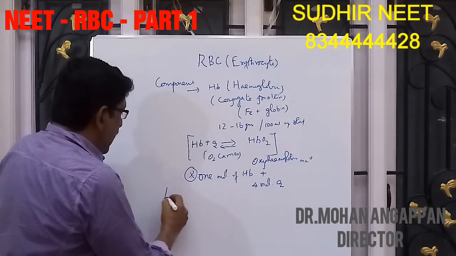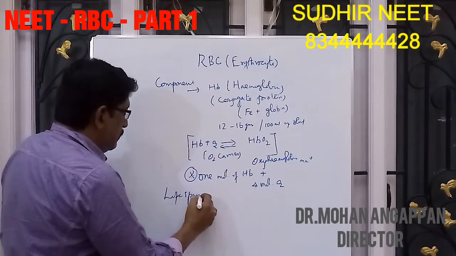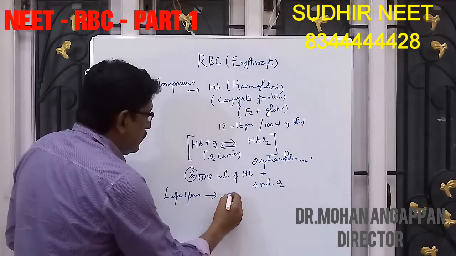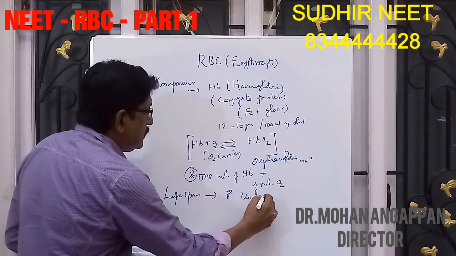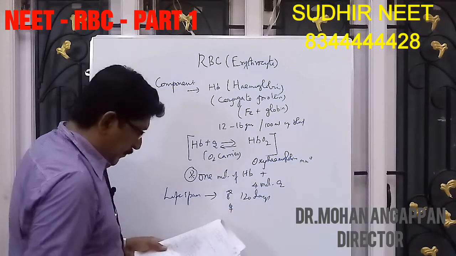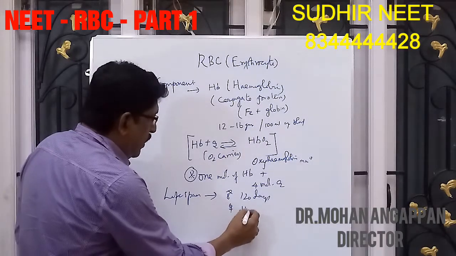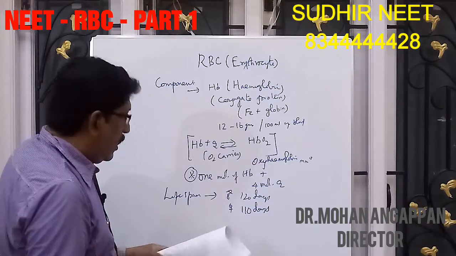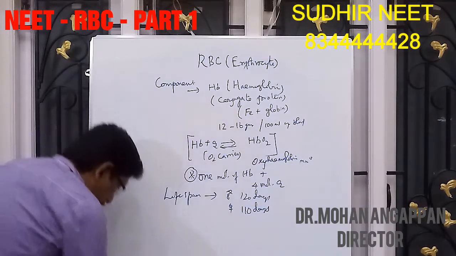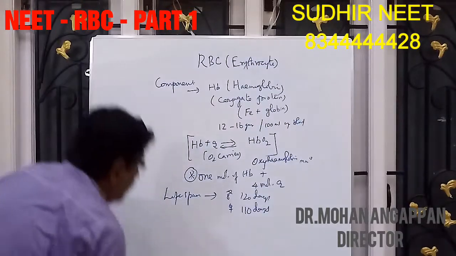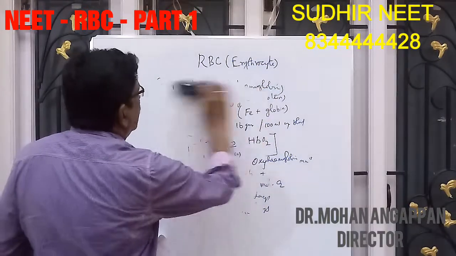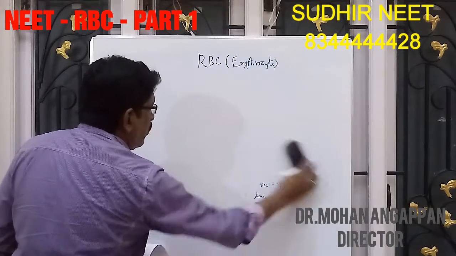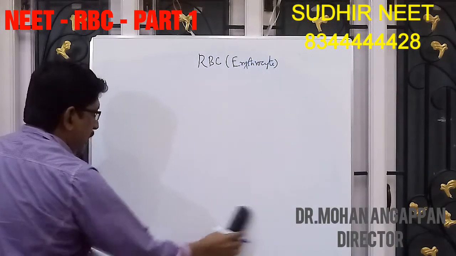Then coming to the lifespan. Lifespan of this RBC in males is 120 days, in females it is about 110 days. Then where is the RBC formed in our body and circulated through the blood?